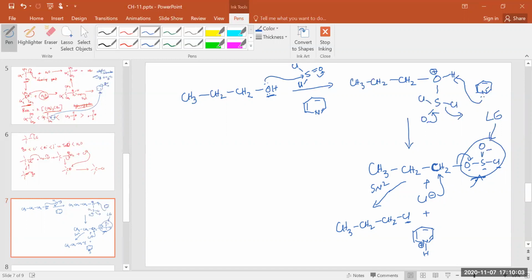Another similar reagent is called tosyl chloride. So what is tosyl chloride? You have sulfur, and this is the structure, with the sulfur-chlorine bond. This chlorine will leave, and the proton will leave with the help of a base.